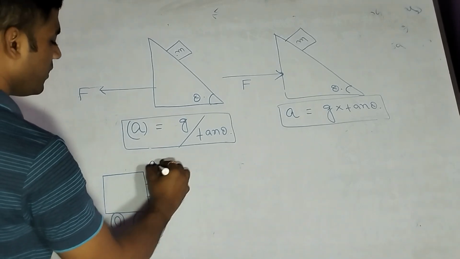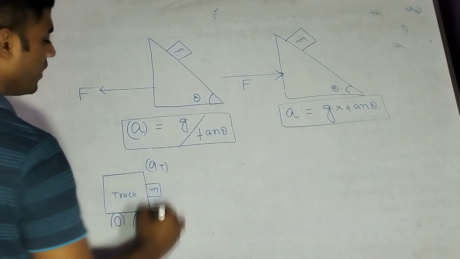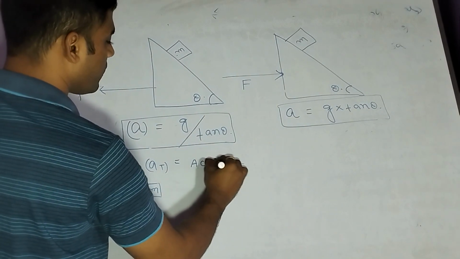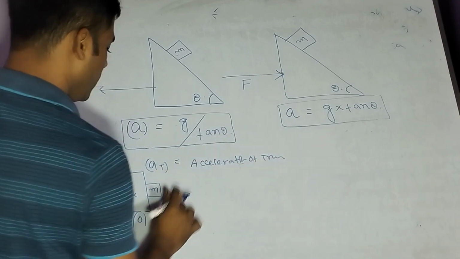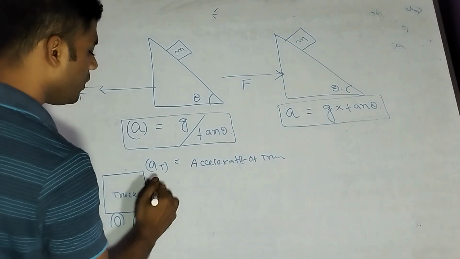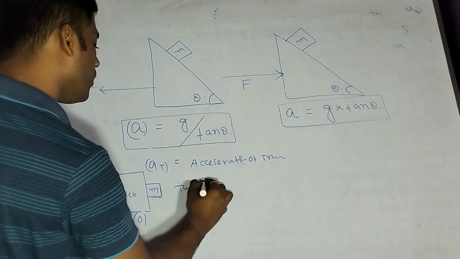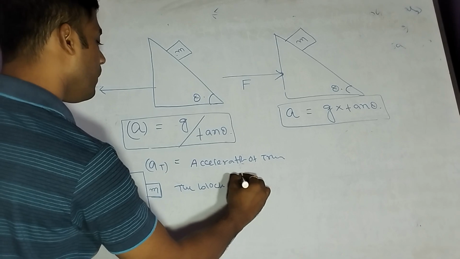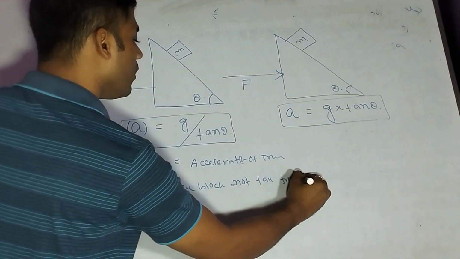The acceleration of the track is a. What is a? It is the acceleration of the track. Then, in what condition does the block not fall from the track?